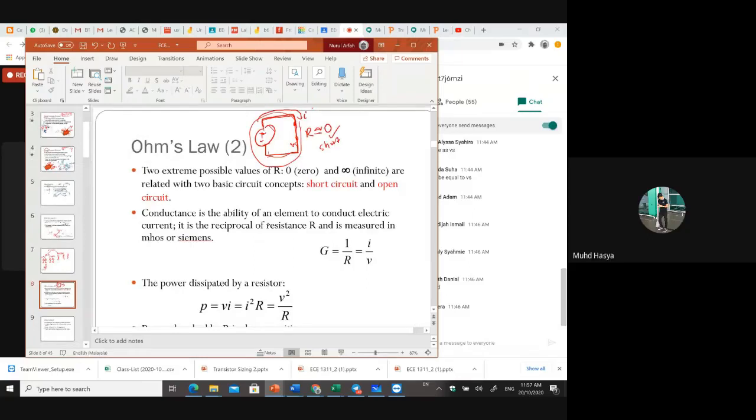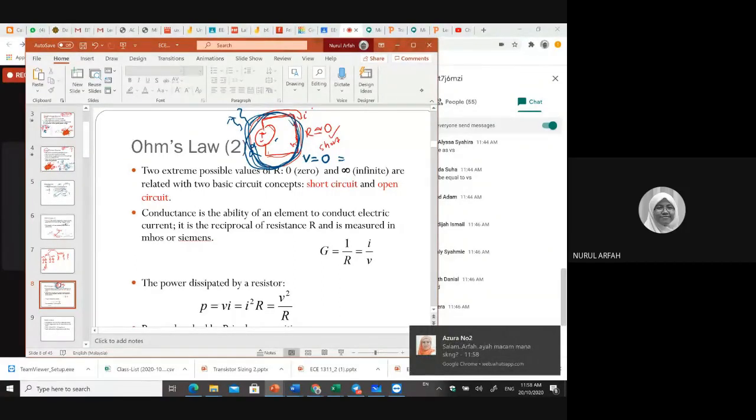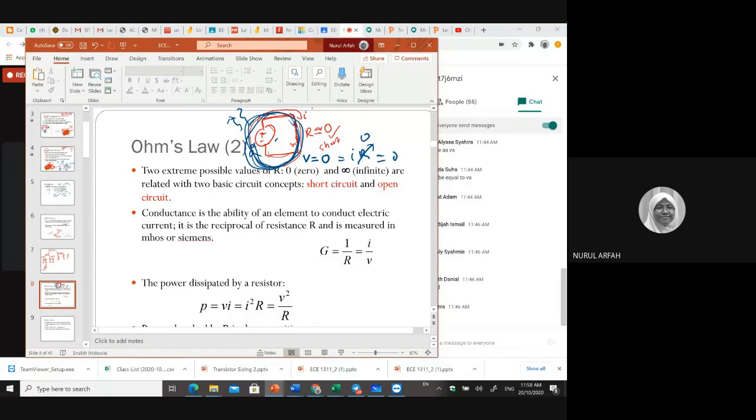Yeah, the voltage eventually will be equal to zero, because current keeps on flowing, and there's some heat going out from this, and the voltage will be drained out. If you apply Ohm's law, V equal to IR, and this R is equal to 0, then V should be equal to 0.